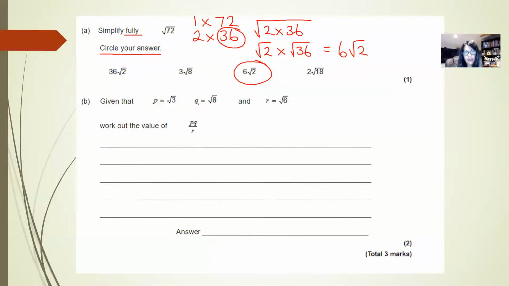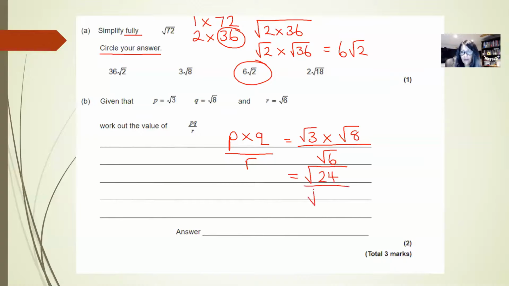Given that P, Q, and R are these particular surds, work out the value of P times Q divided by R. So P is root 3 and Q is root 8 divided by root 6. So using our surd laws, root 3 times root 8, 3 times 8 is 24.